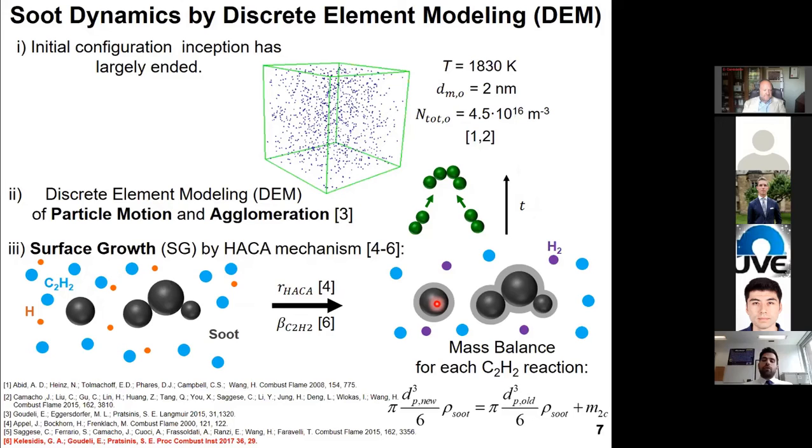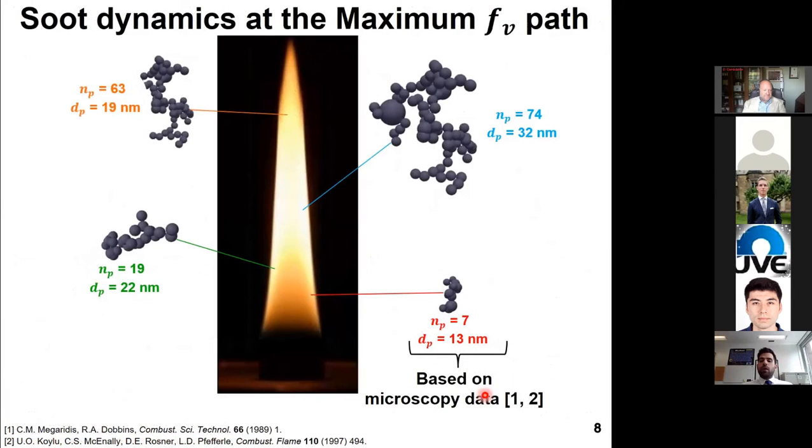Then we increase the soot primary particle diameter by applying this mass balance for every acetylene molecule. So using this discrete element model, we generated simulated soot aggregates and agglomerates that have identical number of primary particles and average primary particle diameter with those measured by microscopy at different heights above the burner.